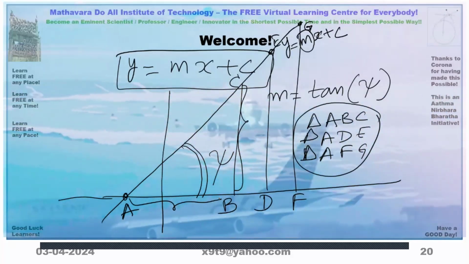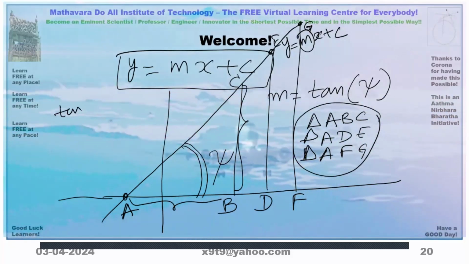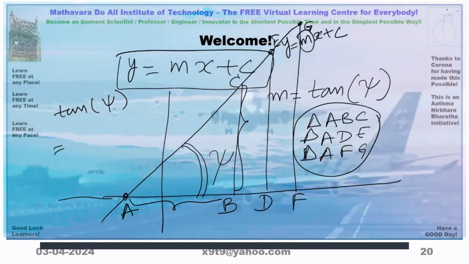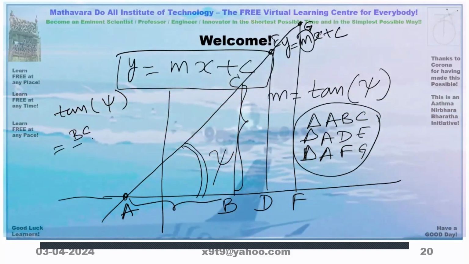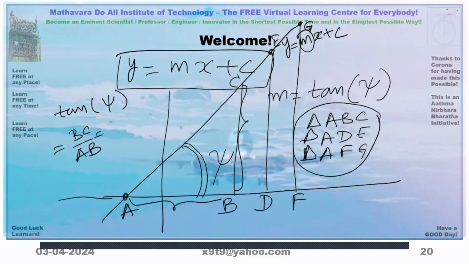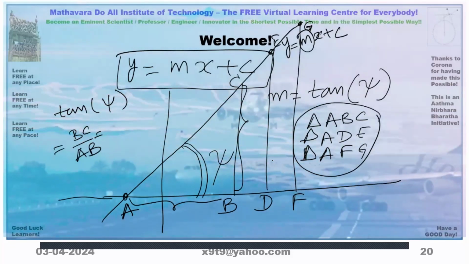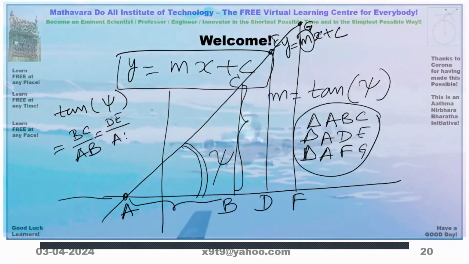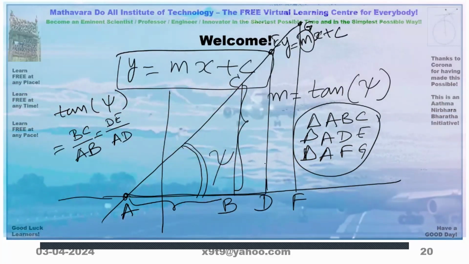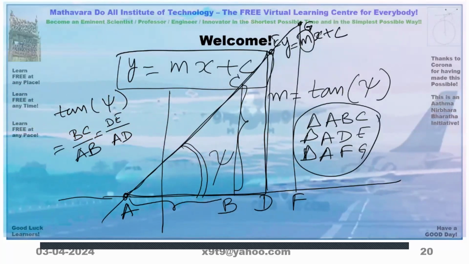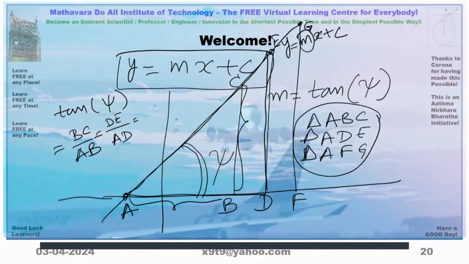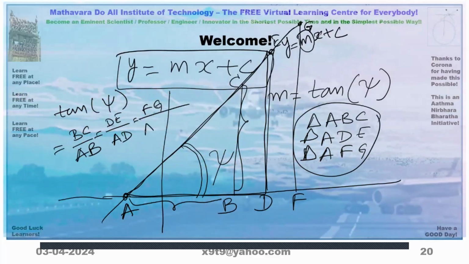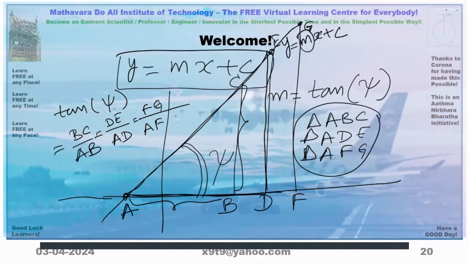So tan psi is equal to, say, BC by AB. It is also equal to DE by AD, if we take this bigger triangle. Then it is also equal to FG by AF. That means we take this biggest triangle.